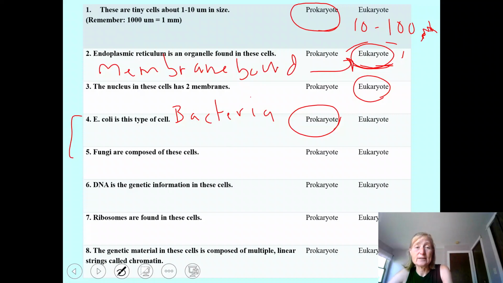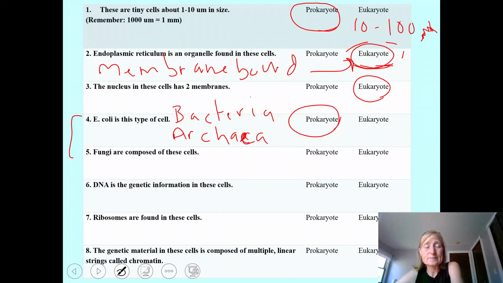The bacteria, domain bacteria, and domain archaea. Archaea and bacteria include cells that are typically single-celled and simple, the prokaryote cells, small cells without membrane-bound organelles.